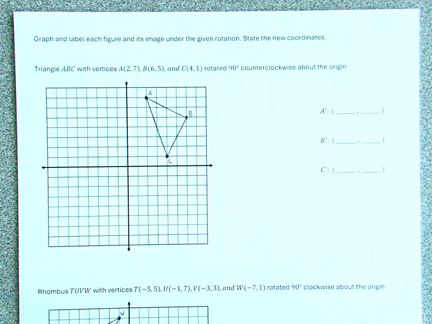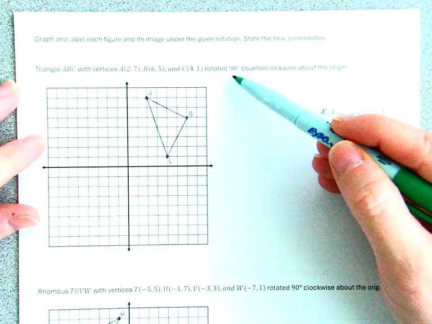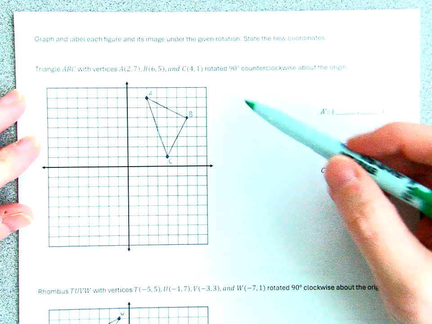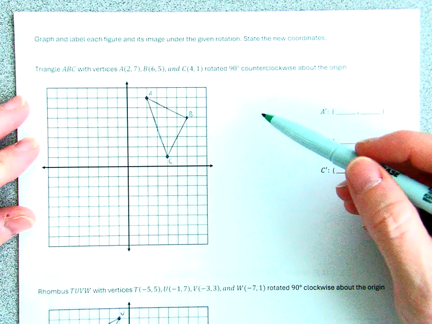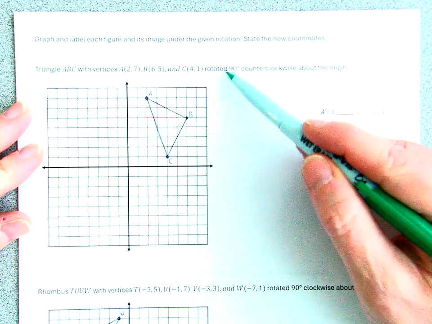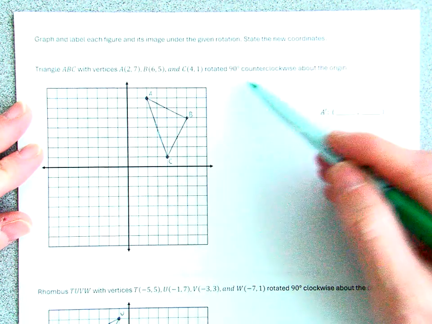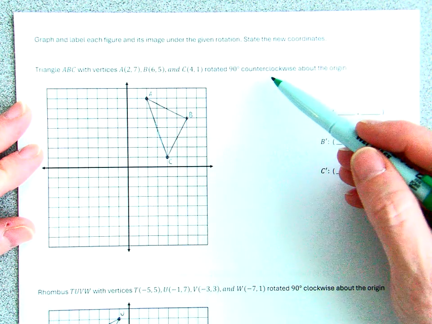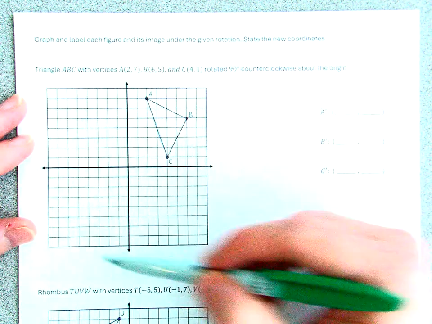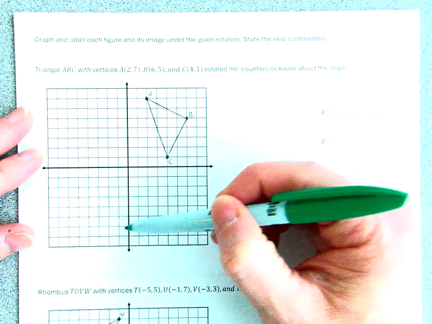So before we move on here, what we need to understand is the angle measurements themselves and the direction that we want to turn these things. In this example, they actually tell us the angle with which we want to rotate and the direction very specifically, right? So counterclockwise, thinking about a clock. If we have a clock that goes in a circle, we know the hands on the clock go this way.